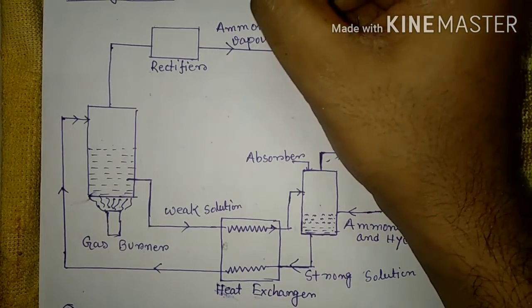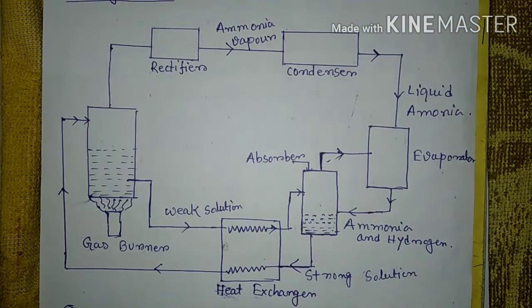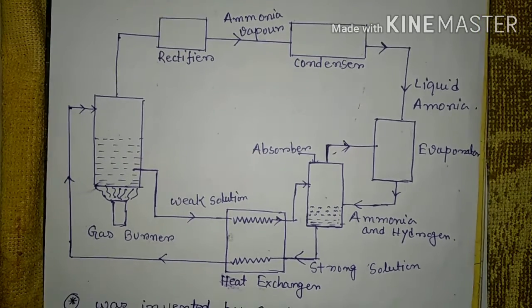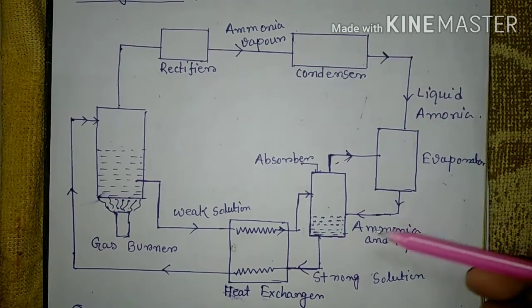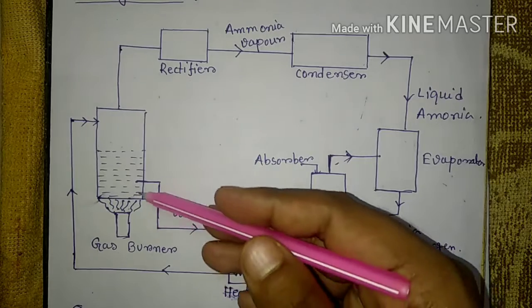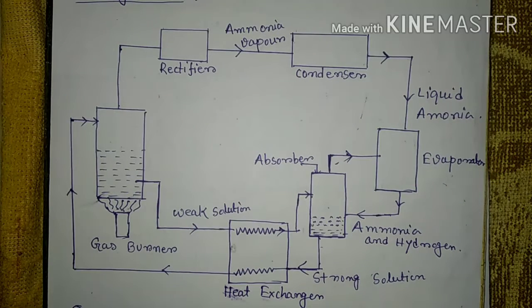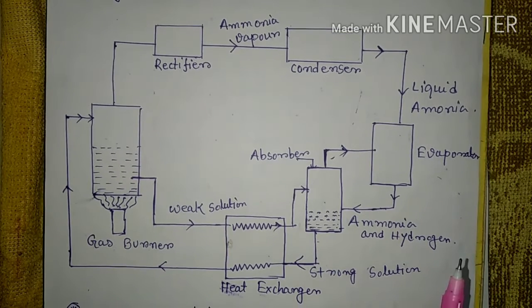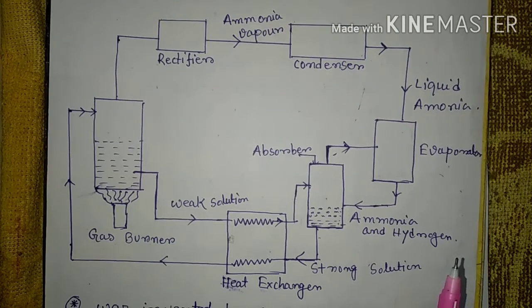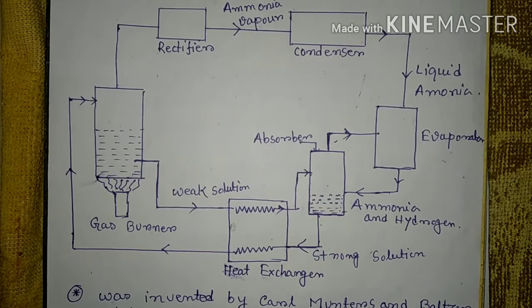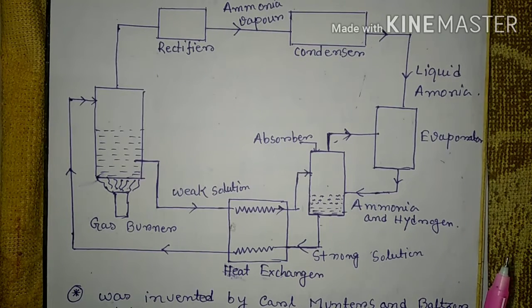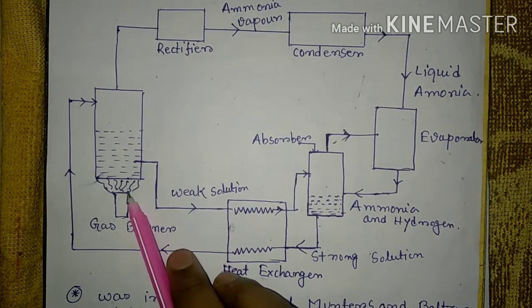The main components are a rectifier, condenser, evaporator, absorber, heat exchanger, and a generator. We can discuss the main function of each later, but it is basically a three fluid absorption refrigeration system.